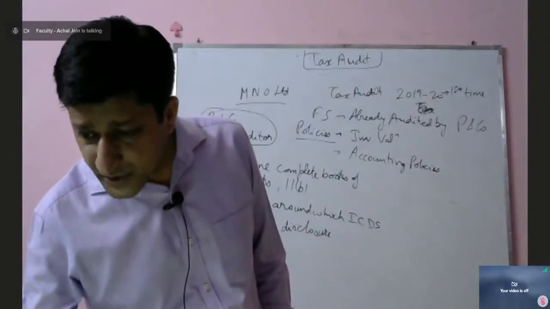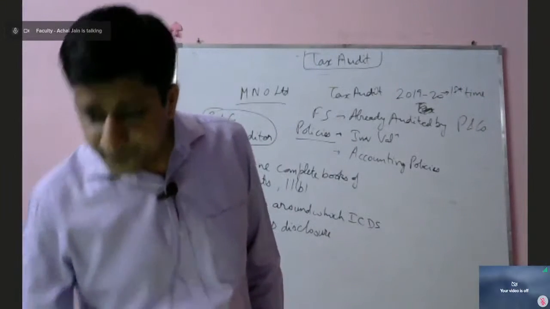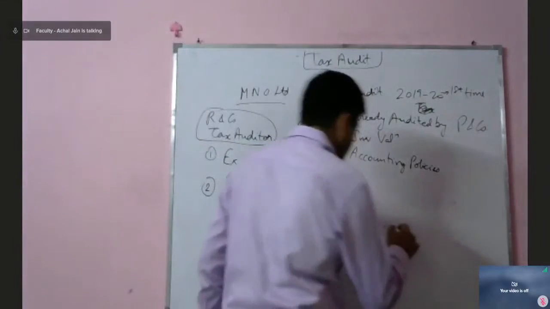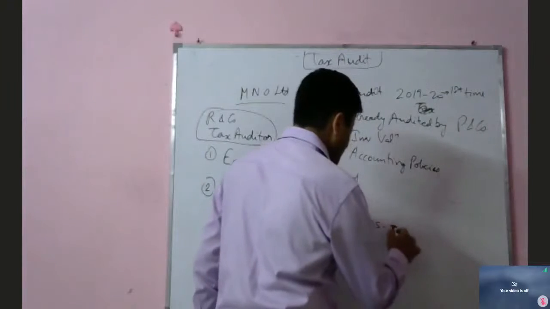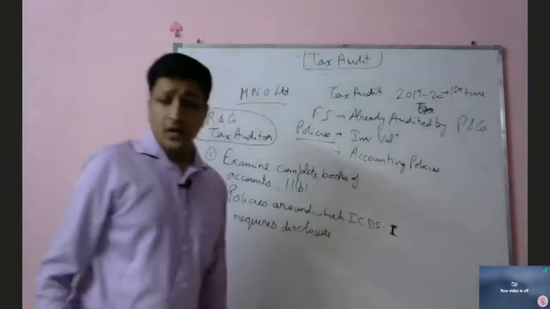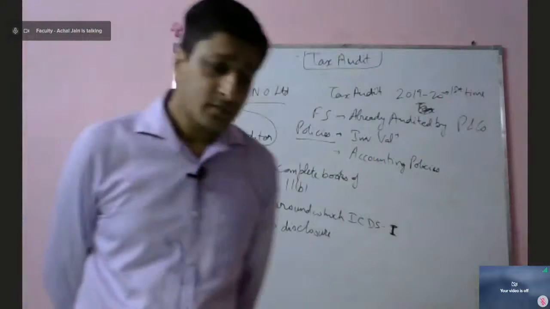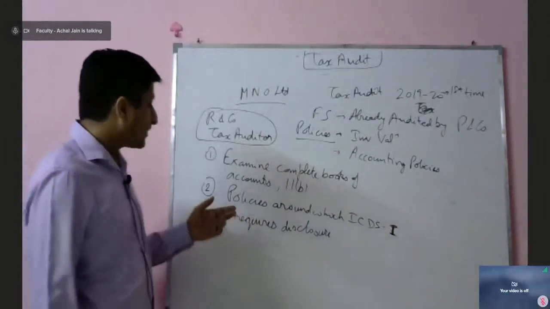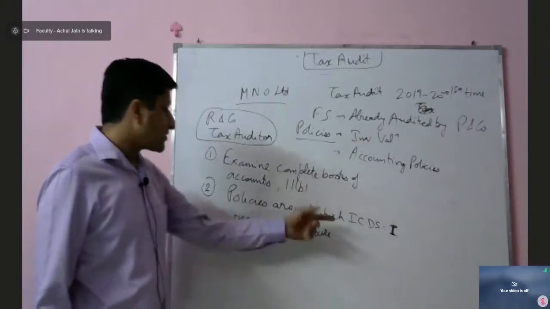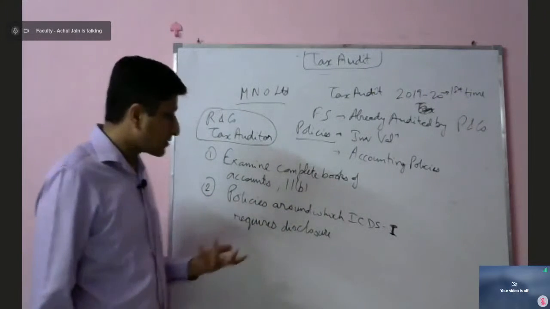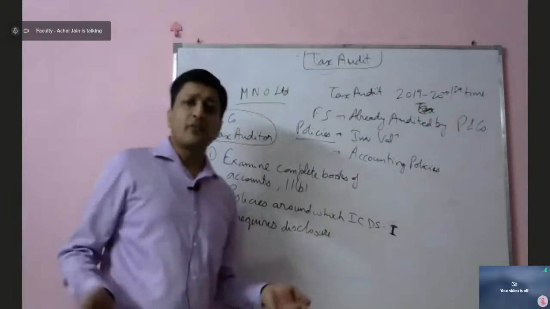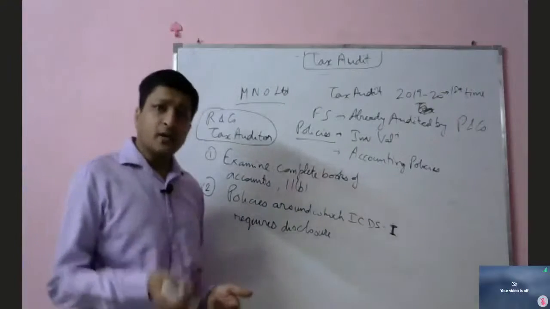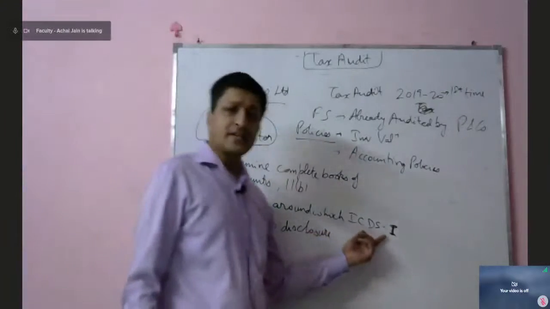Let me just see which ICDS that is. So that is ICDS 1. ICDS 1 requires disclosures around the accounting policies. So he's of the view that policies around which ICDS 1 requires disclosures are again all the accounting policies of the company, because effectively all the accounting policies of the company are captured by ICDS 1.